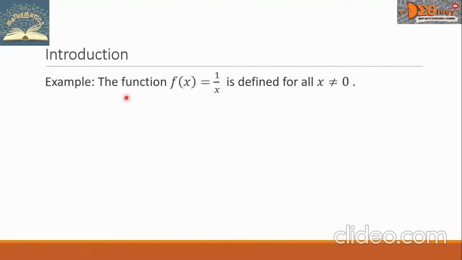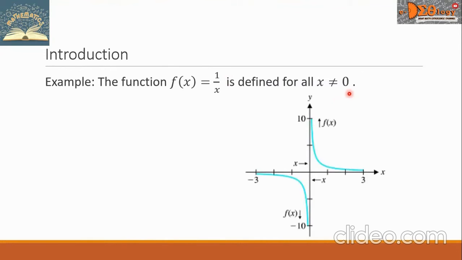For example, the function f of x equals 1 over x is defined for all x not equal to 0. Consider the graph of the function 1 over x. This is the graph in blue.